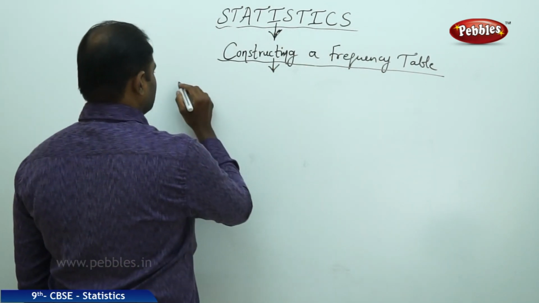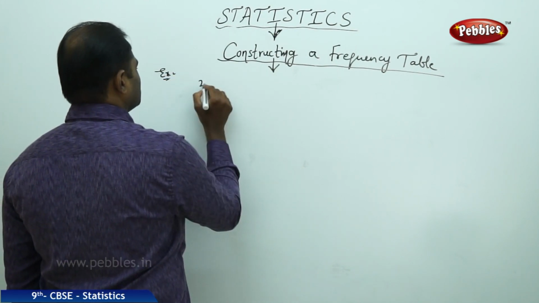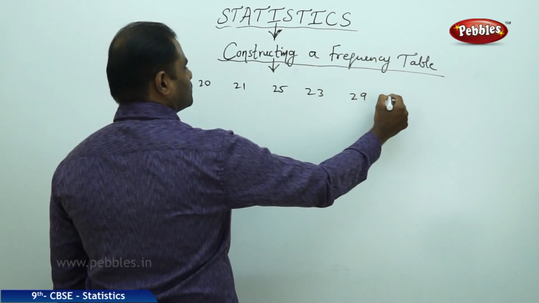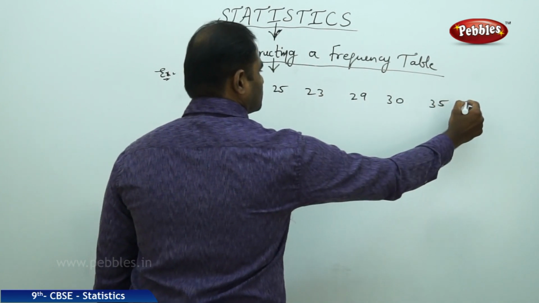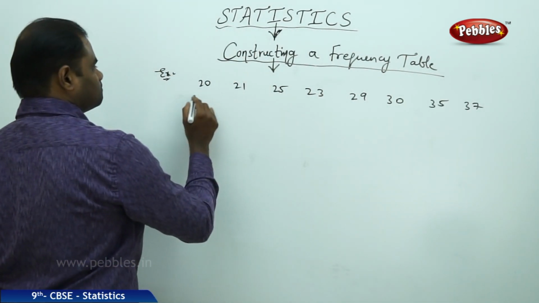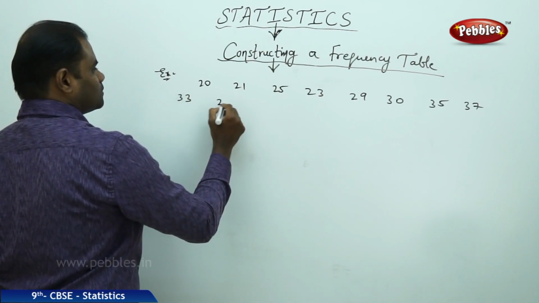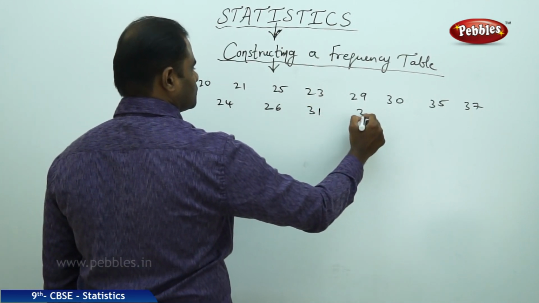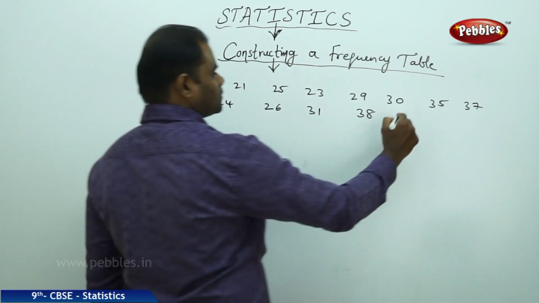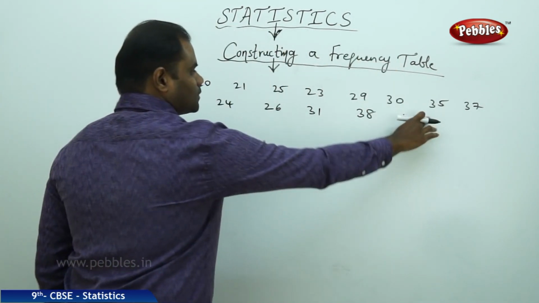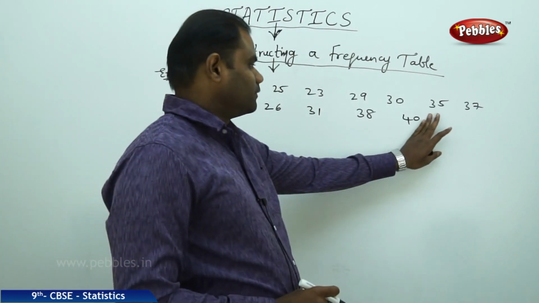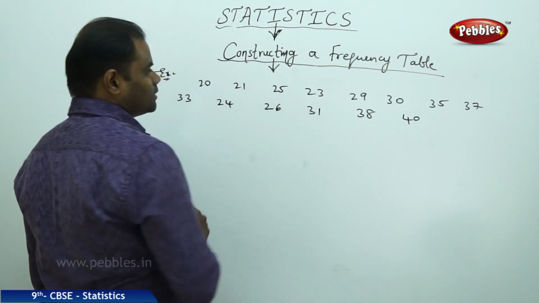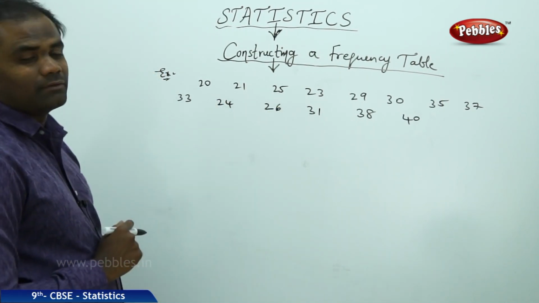For example, I have the data 20, 21, 25, 23, 29, 30, 35, 37, 33, 24, then 40. Say I have the set of data given by this, and then we take the data according to these given values.